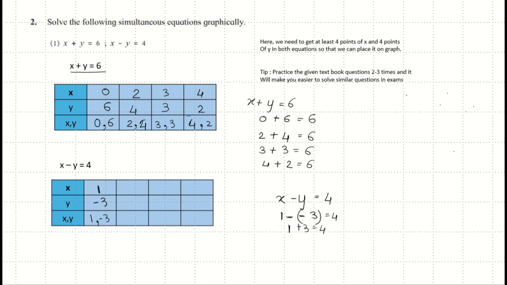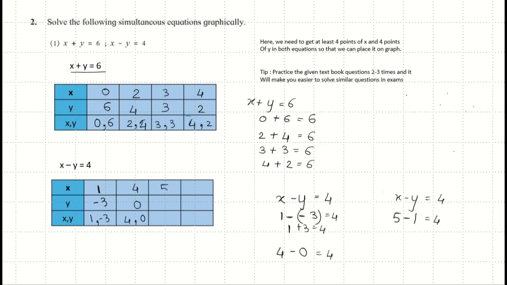We have got only 1 point for x and 1 point for y in second equation. We need to get 4 more points. So other possible ways, if we take x as 4, 4 minus 0 is 4. So we can take 4 comma 0 where x is 4 and y is 0. For x minus y is equal to 4, another possible way, 5 minus 1 is equal to 4.